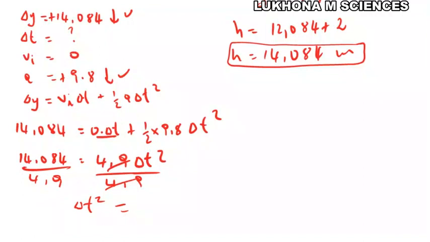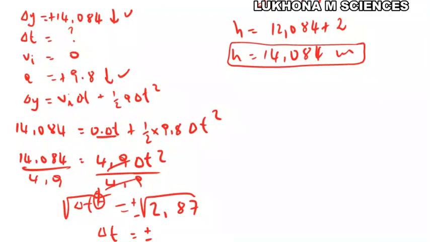We get t squared, which is equal to 14,084 divided by 4,9. Then we get 2,87. Then the square root to cancel this square, with plus or minus. Since it is squared, you cancel square by square root. Then we get delta t, which is plus or minus.